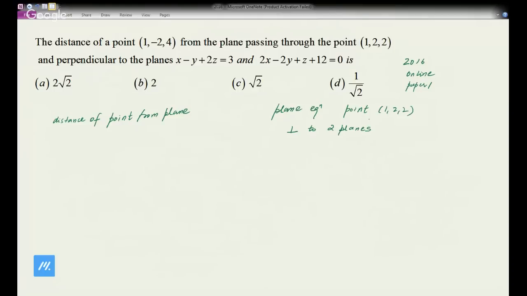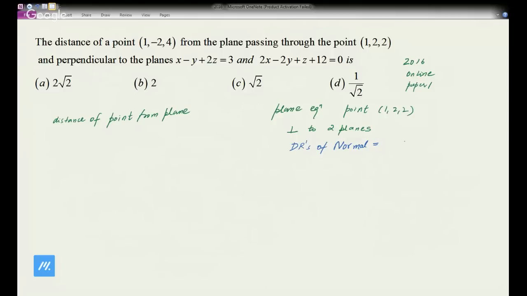So plane passing through 1, 2, 2 and perpendicular to, so the drs of normal will be nothing but m1 cross m2. Well, one should not say m1. Let's say n1 cross n2.